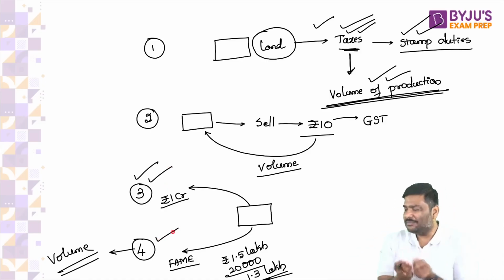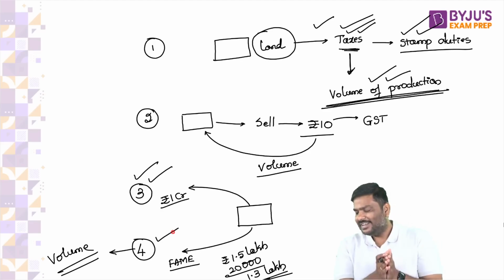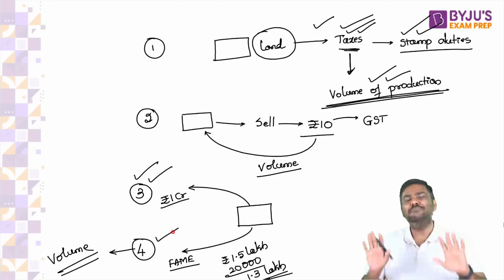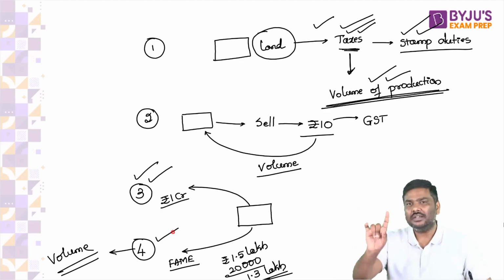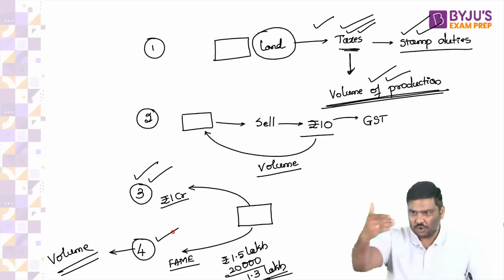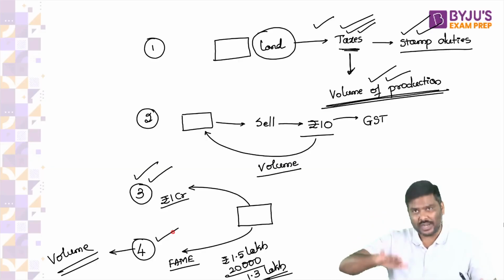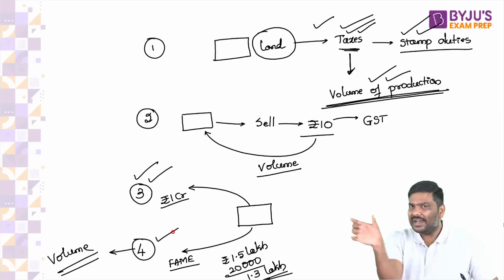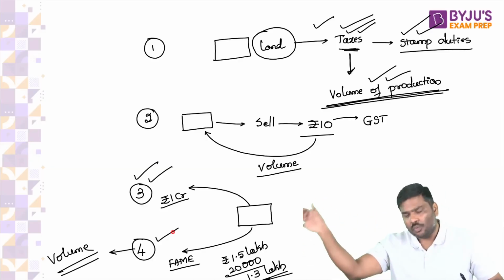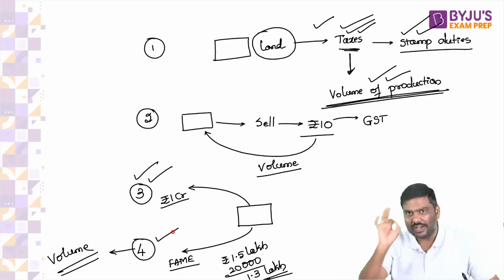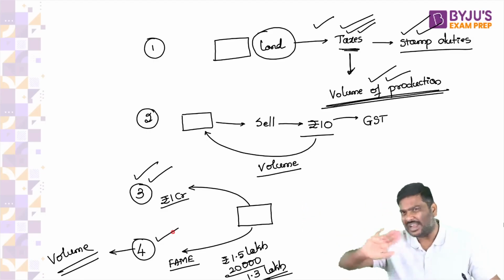For example 3, I'll repeat it. The argument is simple. Focus on one point: whether the taxes you pay or subsidies you get are dependent or independent of the volume of production. Focus only on that. Don't waste your time on unnecessary things.